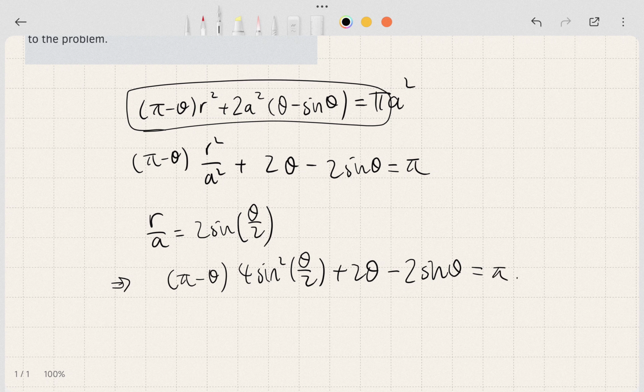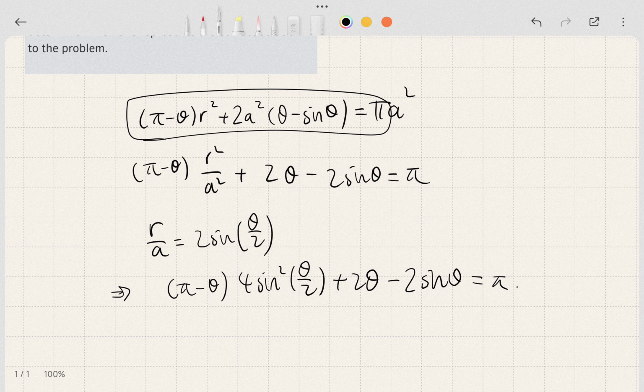And if we plug that into our calculators, I'm just going to use a graphical display calculator, go into the maths numerical solver. We get pi minus theta, times 4 times sine of theta over 2 squared, plus 2 theta minus 2 sine of theta, equal to pi.